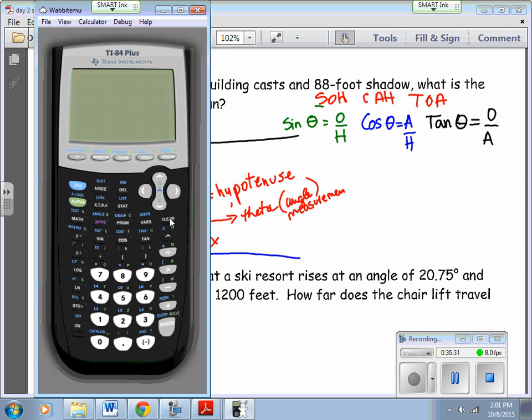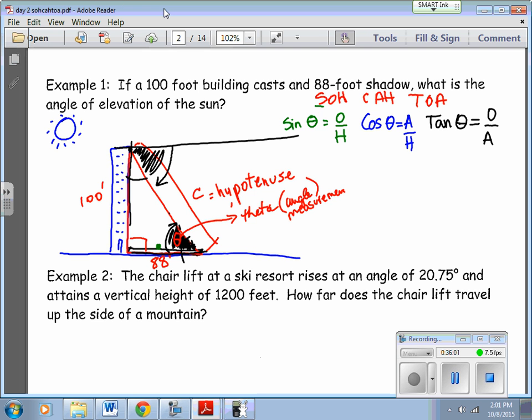And let's say I want to get the sine inverse to appear, so I have to hit the blue button. And then I hit the sine button, and then you notice it says sine to the -1 power. Whatever I put in there are the side lengths that I measured. And that's because I'm trying to figure out an angle there. Okay. So we're going to fill that in right now. So just go ahead and put your calculator down for a little bit though.